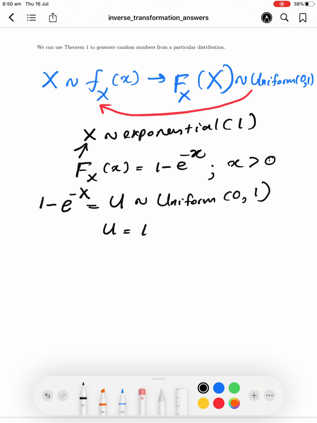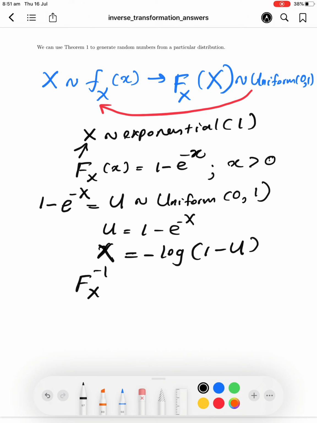We have U equals 1 minus e to the power minus x. Now we solve this equation for x, then you will get x equals minus log(1 minus u). And we can write this as F_X inverse of u, which is minus log(1 minus u).